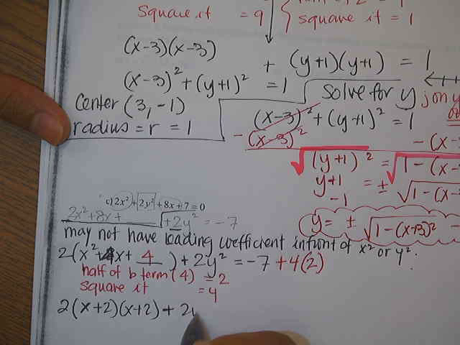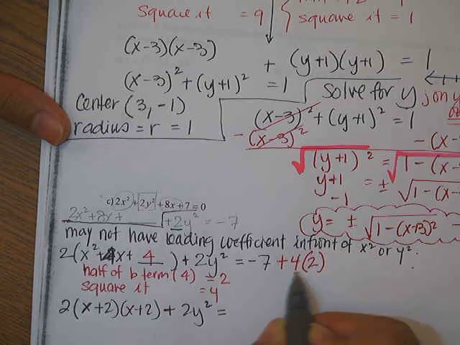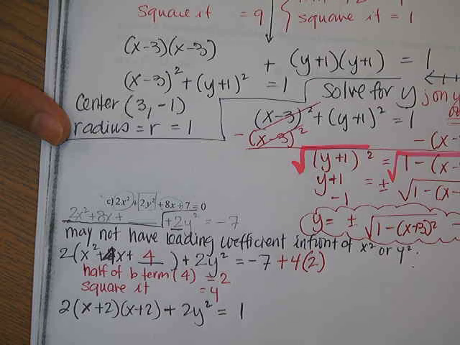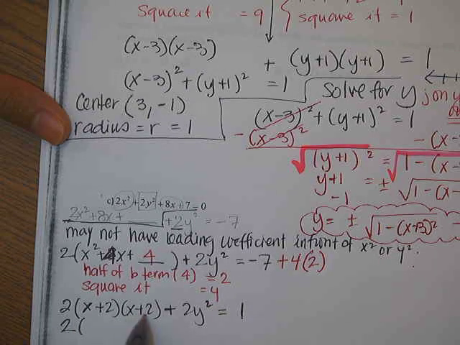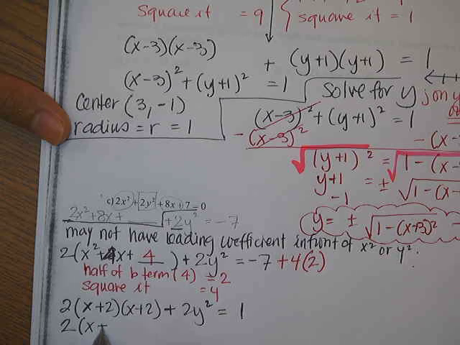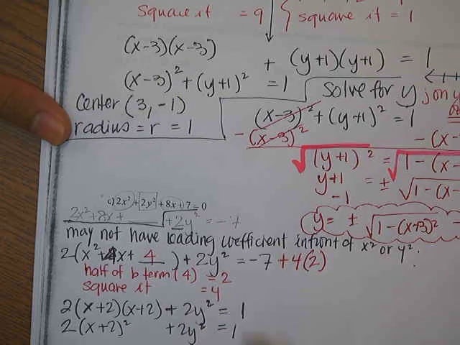Bring down your 2y squared, because I don't need to factor that, equals negative 7 plus 8, which is a positive 1. Notice how we still have that leading coefficient. That's kind of annoying. Let me put this together as x plus 2 squared, and bring down my 2y squared equals 1.